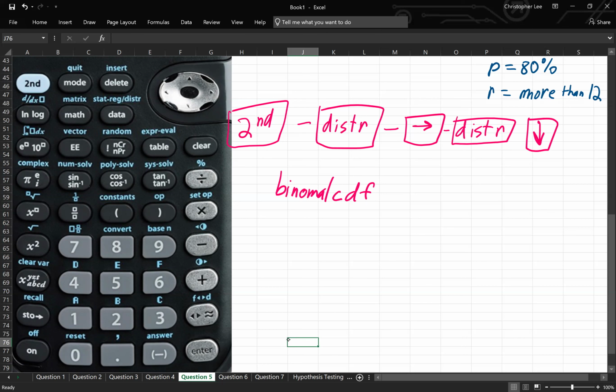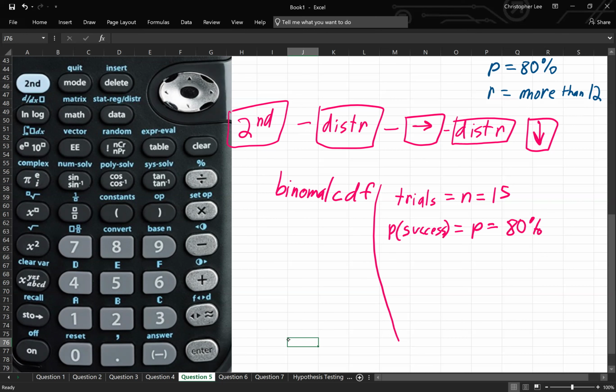Now, the first thing they're going to hit you with in binomial CDF is your trials. Trials is the same thing as your N, and you know that that's 15. Then they're going to hit you with the probability of success. Probability of success is your P, and that's 80%.